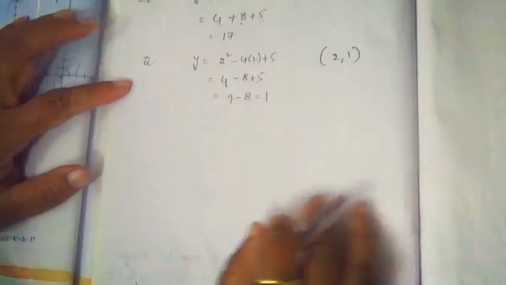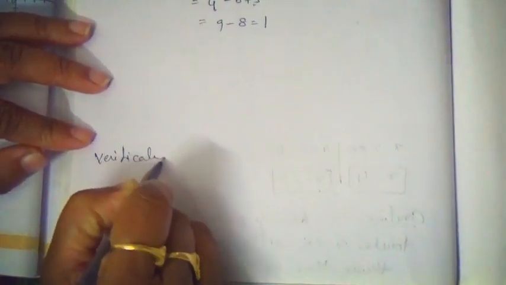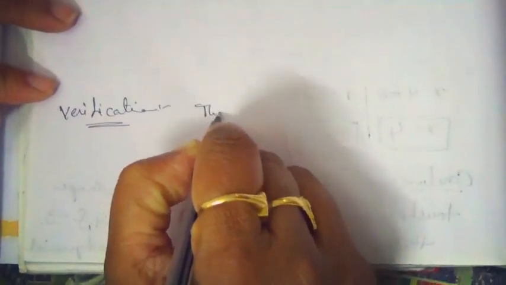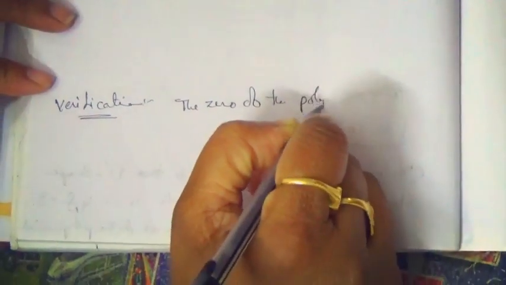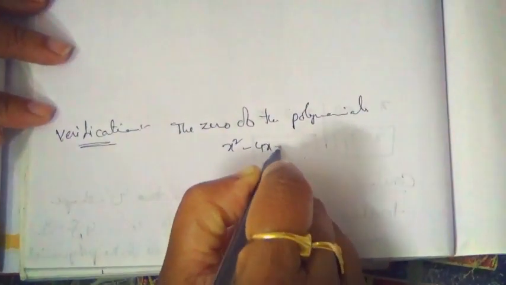We will check this verification for this polynomial also. What is the verification? The prime factorization of the polynomial. So the zero of the polynomial: the given polynomial is x square minus 4x plus 5 equals 0, right?